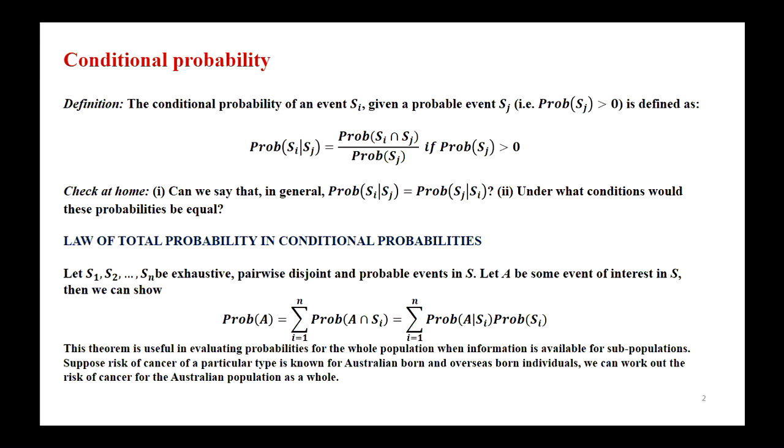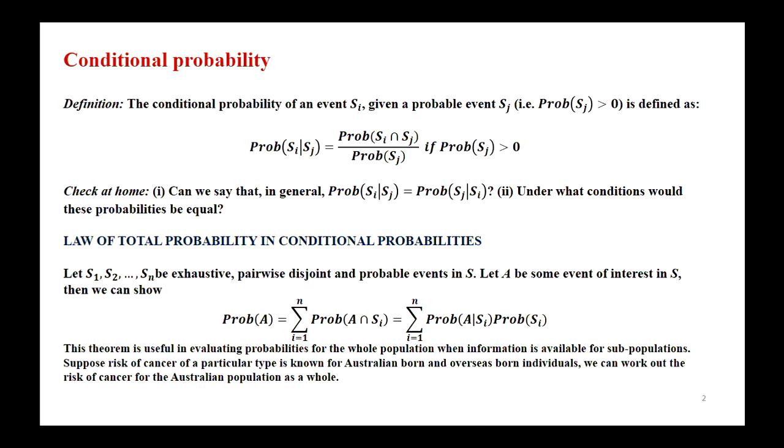The conditional probability of some event Si, given some other probable event Sj, by probable meaning that Sj has non-zero probability, is defined as follows. The probability of Si given Sj is the probability of Si intersection Sj divided by the probability of Sj. And clearly, for that to make sense, one requires that the probability of Sj be greater than 0.